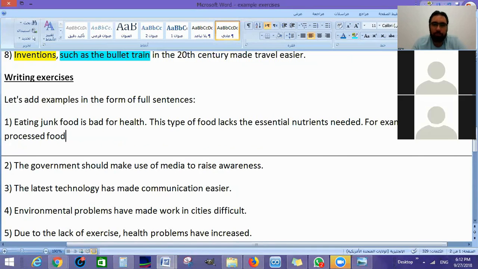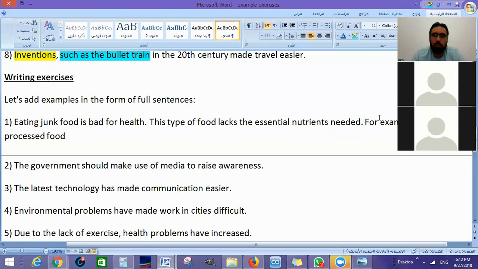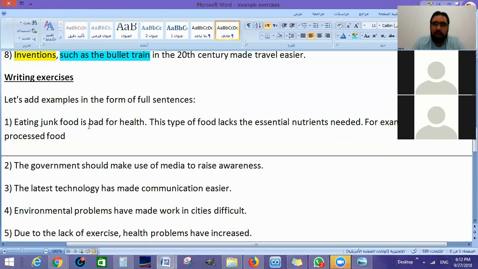Yeah. So we could say now, for example, processed foods. And what is this referring to? It's referring to eating junk food here. So for example, processed foods. And now what do we want to say? We want to say that this food lacks essential nutrients.